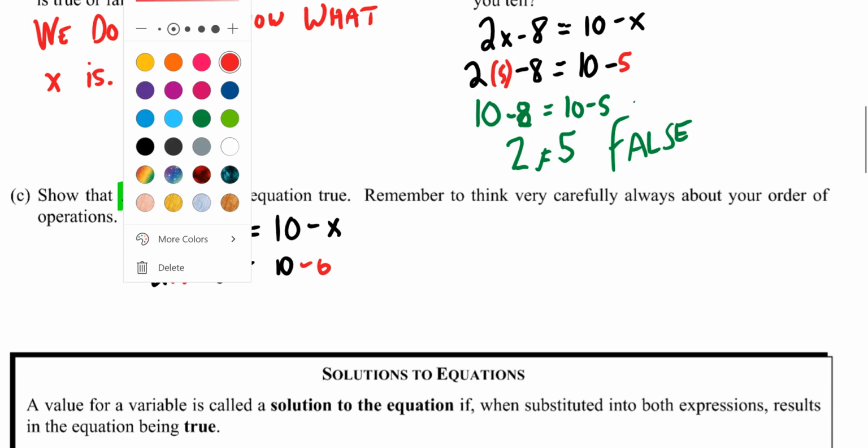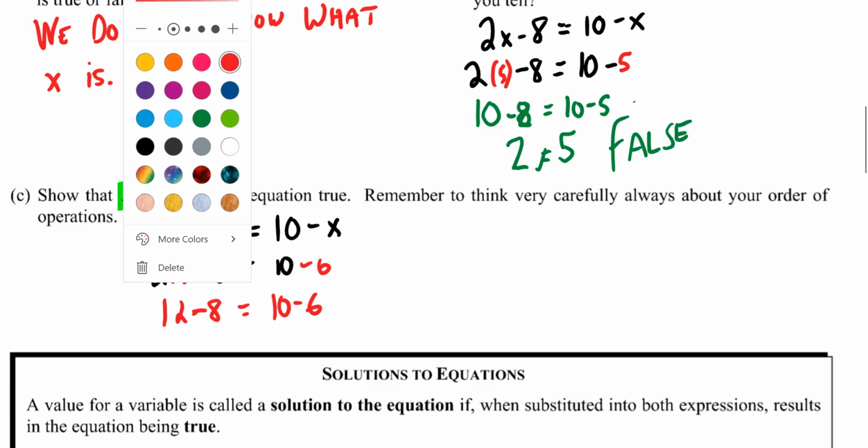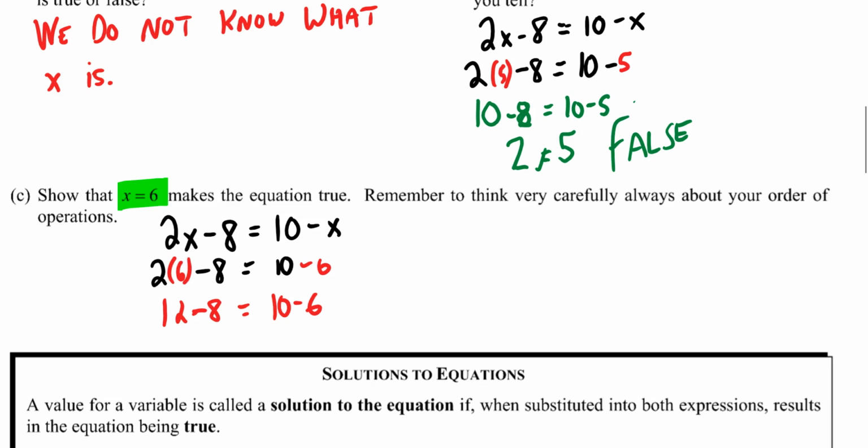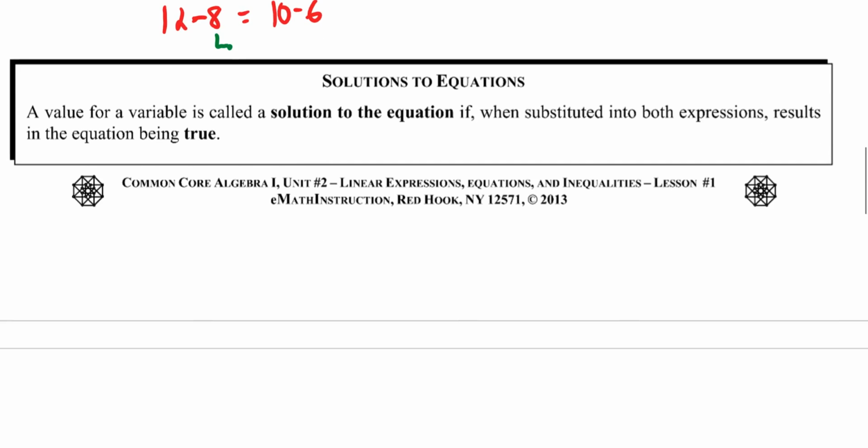So we end up with 12 minus 8 equals 10 minus 6. 12 minus 8 is 4. 10 minus 6 is 4.